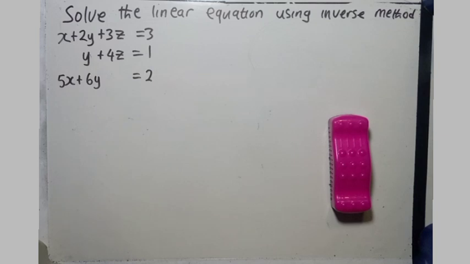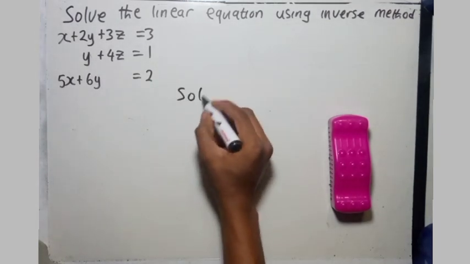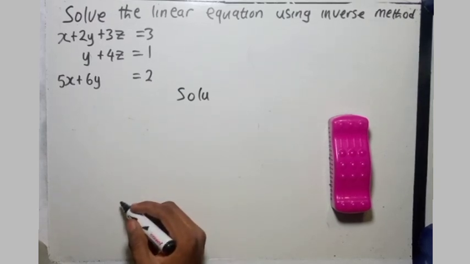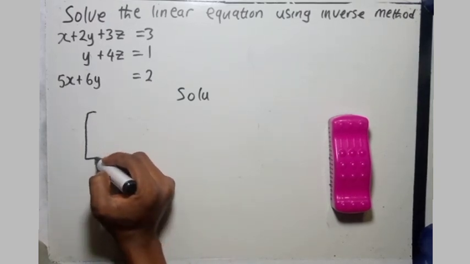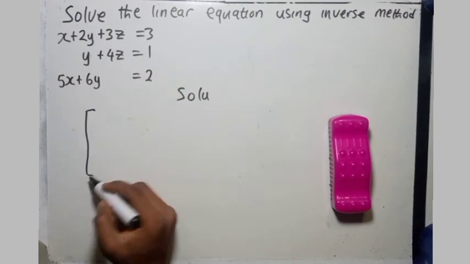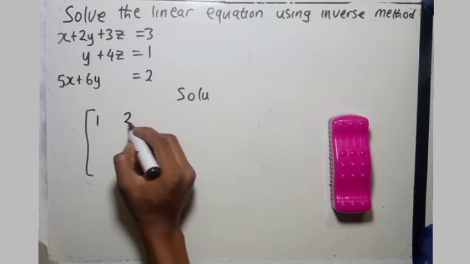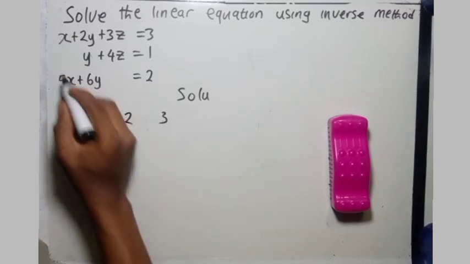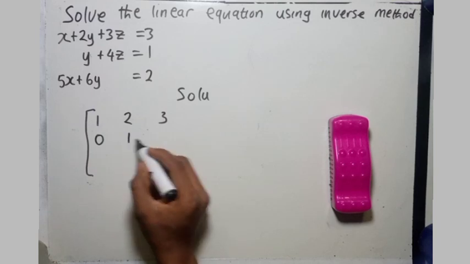Now the idea behind the inverse method, normally we represent this in matrix form. So in this matrix form it will be 1, 2, 3. Here there is no x, so we'll be representing it as 0. Here is 1.